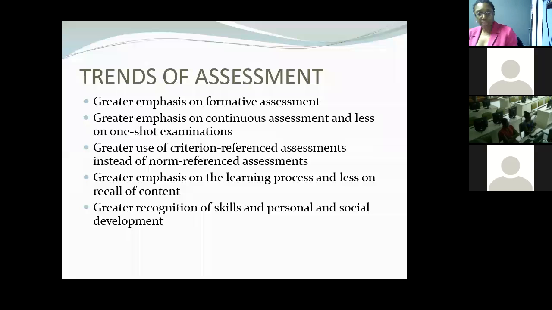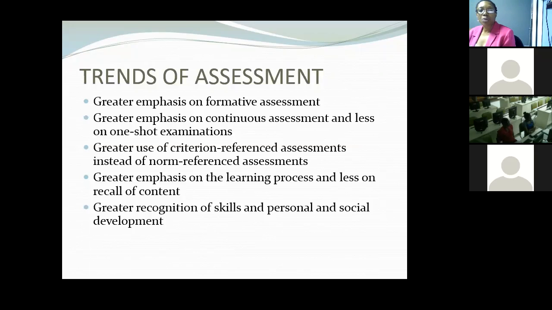So that's what we're going to be looking at today. And to speak briefly about some of the trends in assessment. Now, this is an important way to segue because it allows us to understand why we are doing what we're doing. For those persons who are here in Jamaica, we are at this point doing some heavy-duty training, I understand, in the summer for teachers who are going to be implementing the National Standards Curriculum come September.